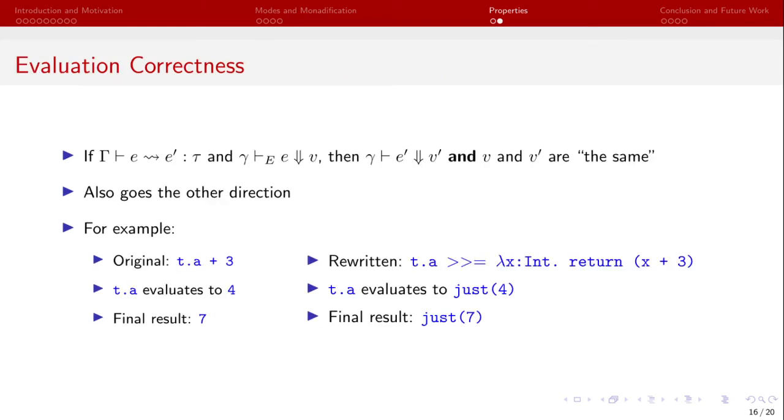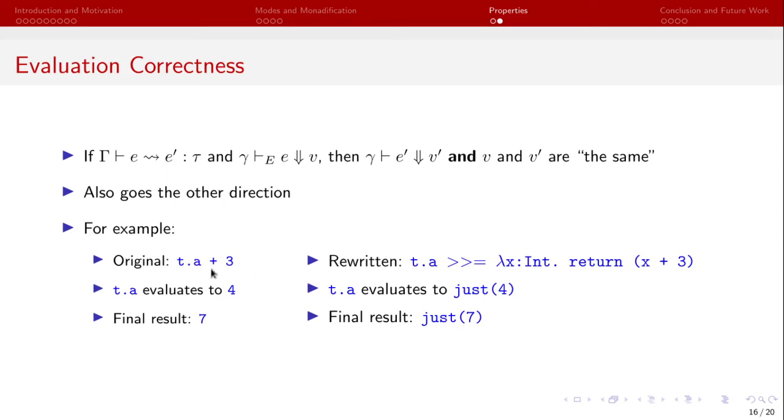Another property we have is evaluation correctness. If an expression rewrites and the original expression evaluated, the rewritten expression will evaluate to the same value, where the same is the same value but now with a monadic constructor around the rewritten result. This also goes in the other direction. So if the rewritten expression evaluates, the original expression evaluates to this same idea of the same value as well.